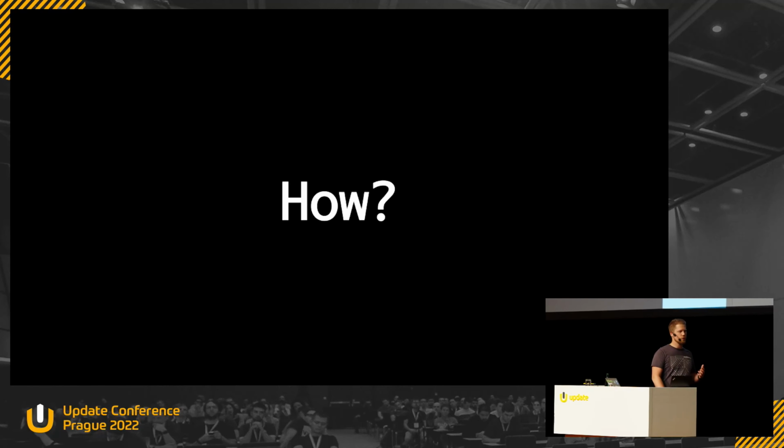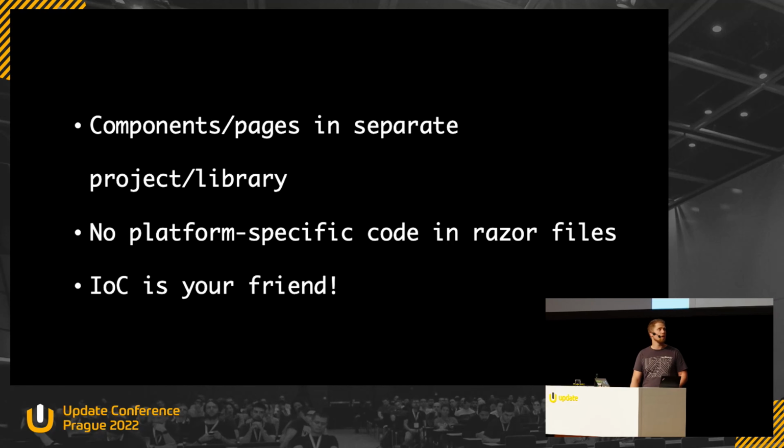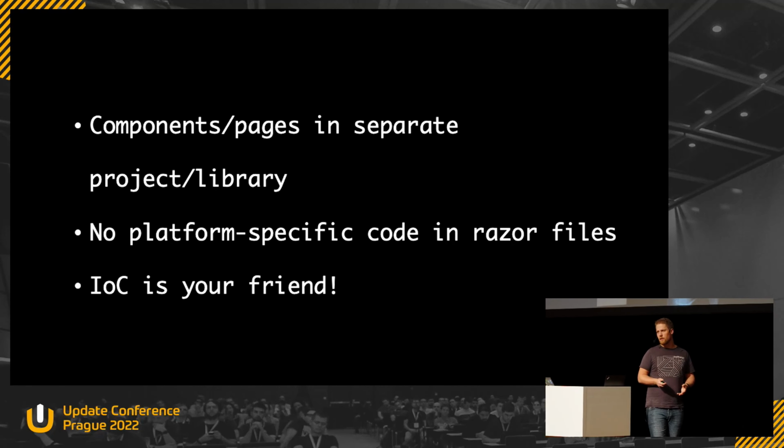So, how to do this in a good way? I will show you more when we're doing a live demo in Visual Studio later, but I will just talk a little bit about the overview of the concepts first. What you should do, and hopefully already have done when you developed your website, is have your components in a separate project or a separate library.